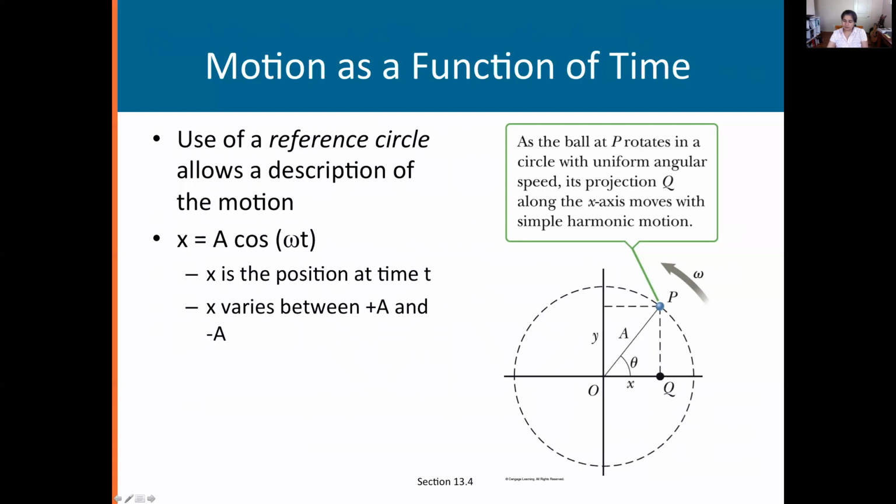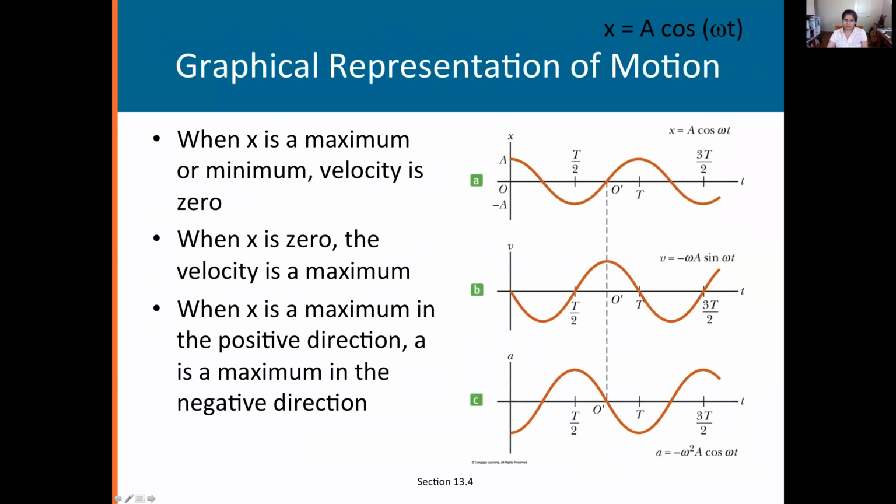When it's at the extremity, it is exactly A, where cosine of 0 is 1. So we see that this position x is given as A cosine of the angle theta, where that angle theta is the same as omega t, where omega is the angular frequency or angular velocity. So omega is the same as 2 pi f.